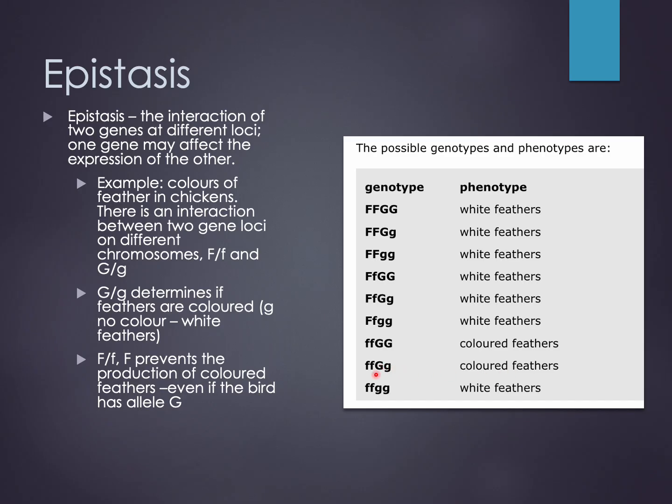They're able to be expressed because the preventing of the color is recessive, so those colors are able to come through. And then on the last one, again, you have the lowercase f allele indicating the colors can be expressed. However, the colors are homozygous recessive, and homozygous recessive is white feathers. So here you would see white feathers again.